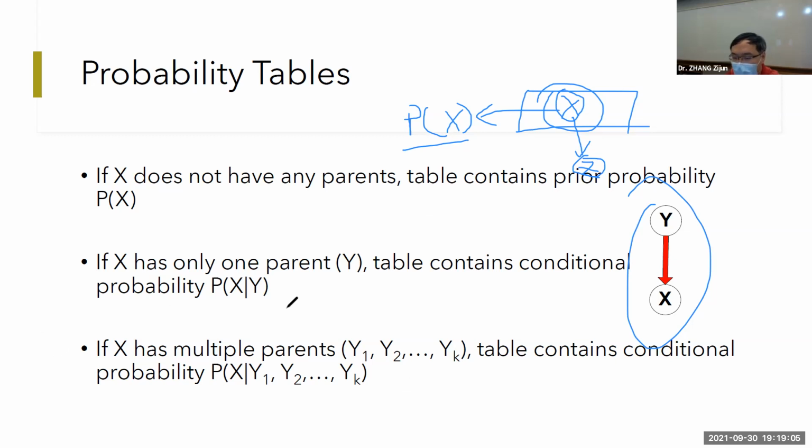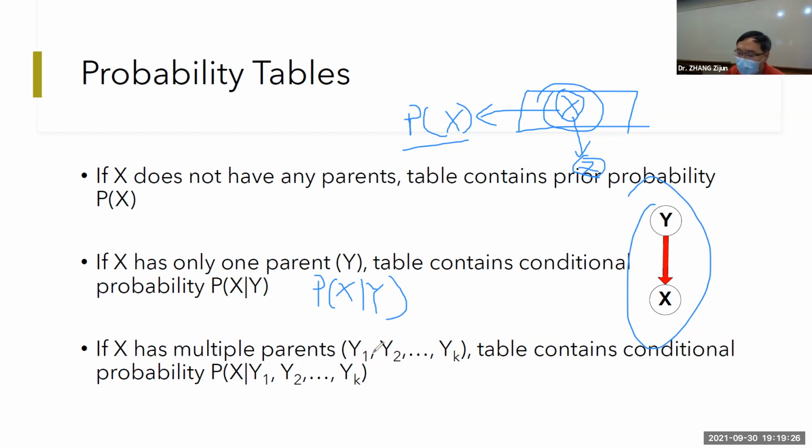Then in the second case, if X has only one parent Y, then the table contains conditional probability P(X conditioned on Y). Okay. P(X conditioned on Y). All right.